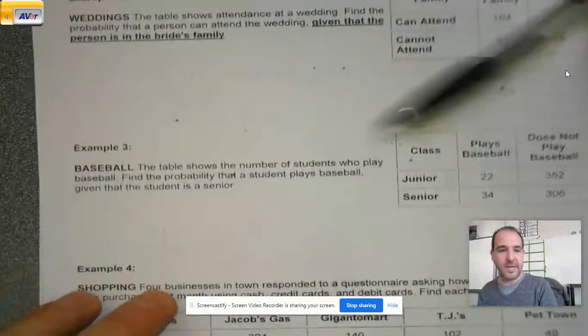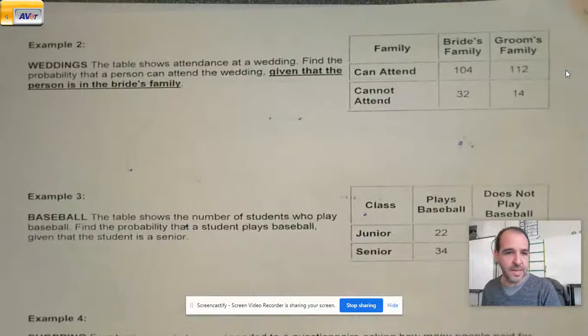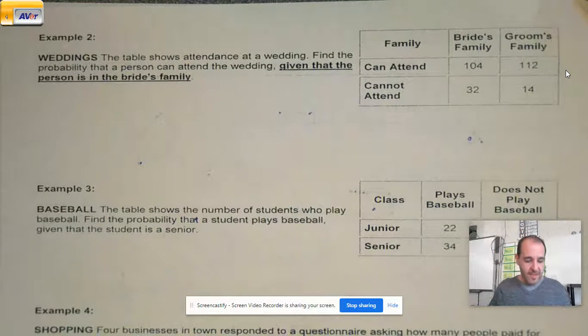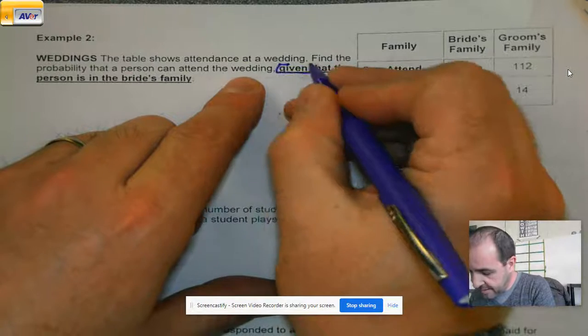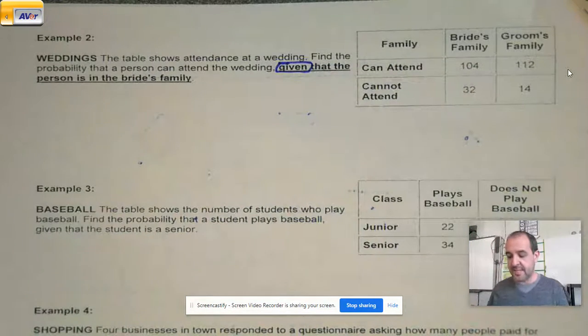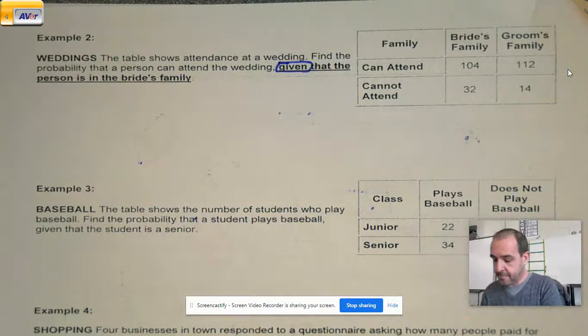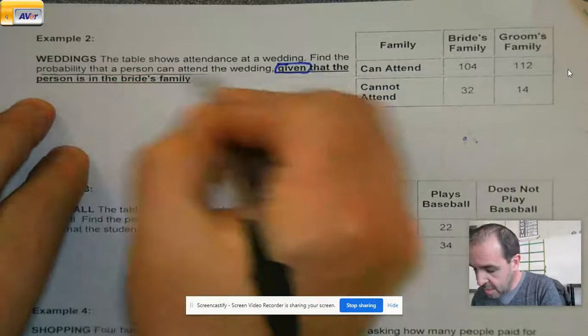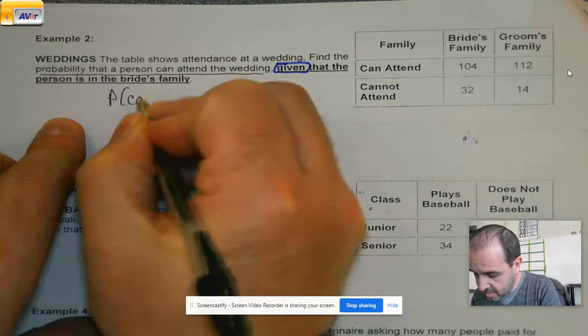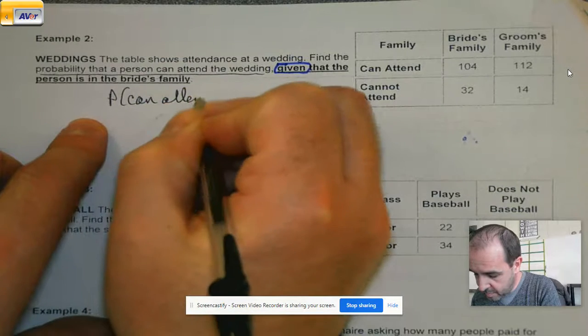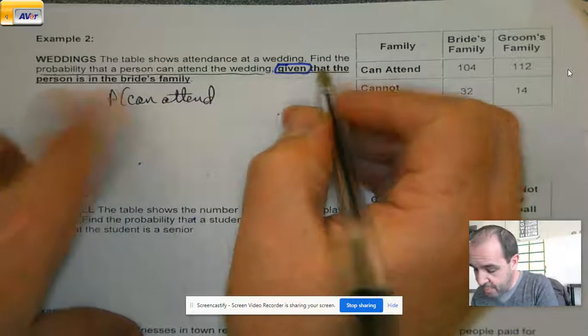Oh, the last page. Okay, another example with a table. Find the probability that a person can attend the wedding given that the person is in the bride's family. Okay, again, person can attend given that they're in the bride's family.